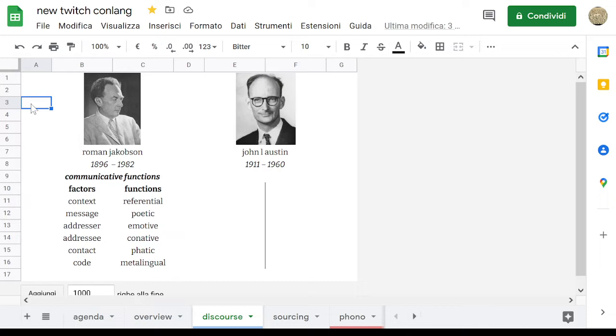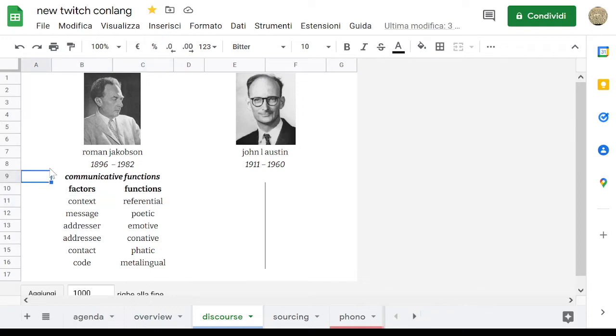That's what they tend to be called in the literature, but sometimes they're called communicative functions, or communication functions. This is a way of modeling discourse based on 6 factors, and which factor the function focuses on, the function of the language.